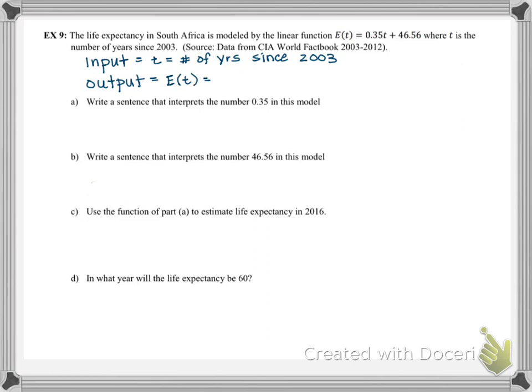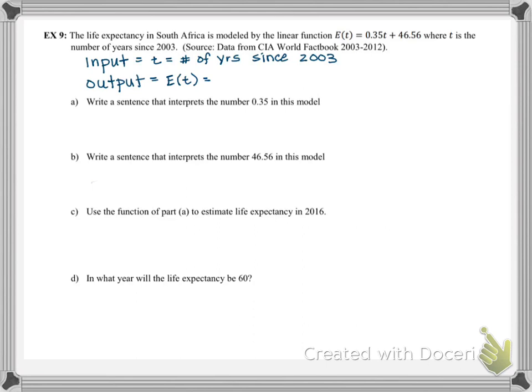When they tell you what your output represents, they often don't say it in quite as obvious a way as they do with the input. With the input, they literally just said t is the number of years since 2003, right? With your output, they're not quite as clear, but whenever they say that something is modeled by a function or that the equation gives something, that's what your output is.